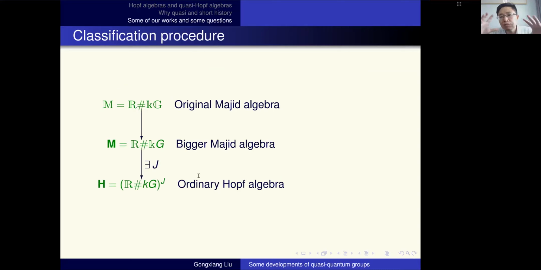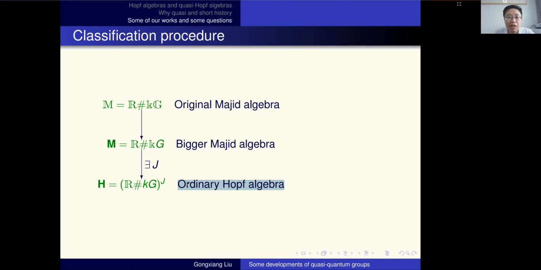Another key point to classify modular algebras is to find a return ticket. It means which kind of Hopf algebra can come from the original modular algebra. You need to classify this Hopf algebra. So the question is reduced to the classification of the Hopf algebra.